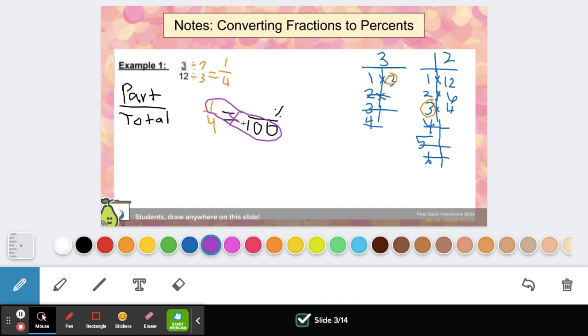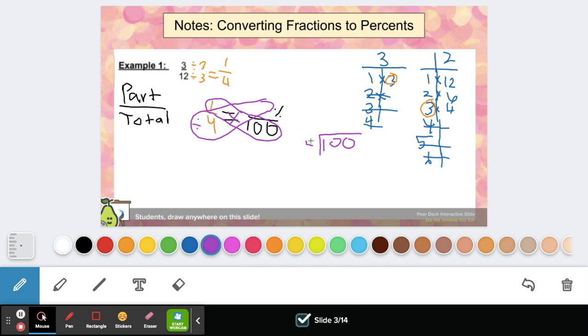So 1 times 100 gives me 100. And whatever number is outside my bubble, I'm going to divide. This is going to be my butterfly. I know it doesn't look like a butterfly because technically we're supposed to circle this part, but it kind of looks like a butterfly.